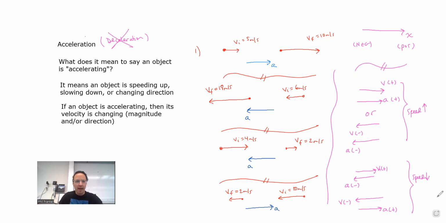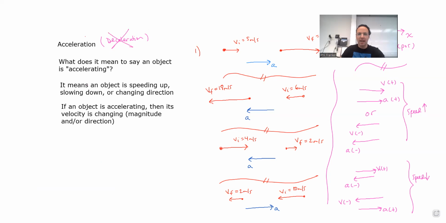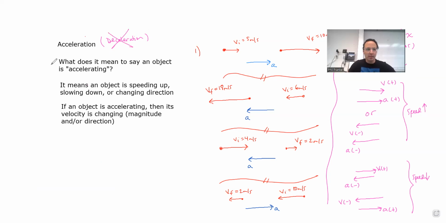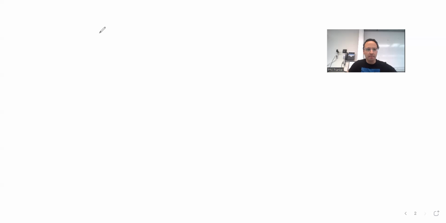All right. Now, I haven't talked about the object turning around, changing direction yet. So let me do that now. If an object has an initial velocity to the right, and it doesn't matter if the velocity is bigger or smaller, but if the final velocity is to the left, I guarantee you the object was accelerating to the left.